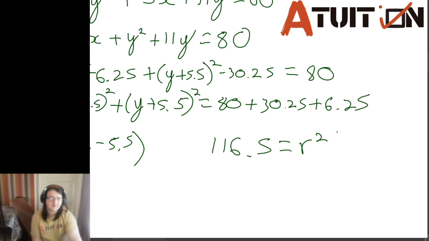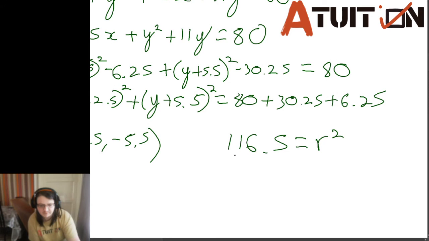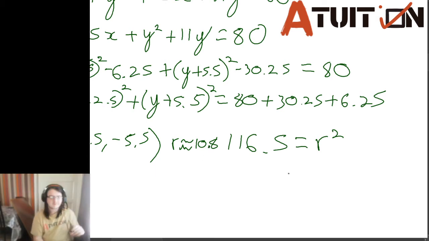So the radius is roughly 10.8-ish. So now we know the radius, approximately 10.8.